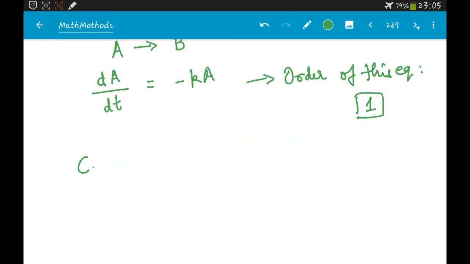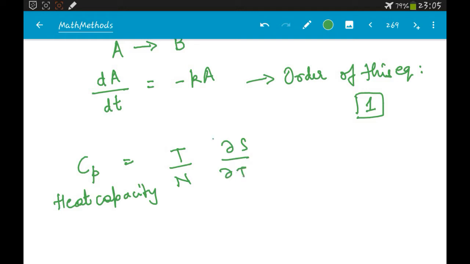Then again, for example, you also have studied Cp, which is the heat capacity, right? And this is given by T by N dou S by dou T at constant P. Since this is also a first derivative, the order of this equation is again 1.